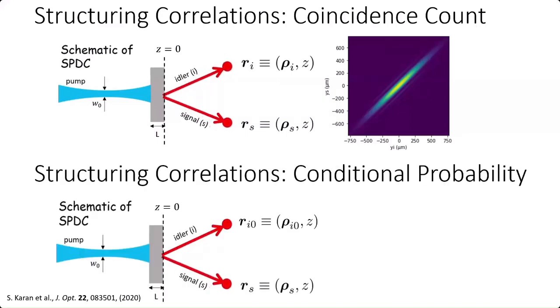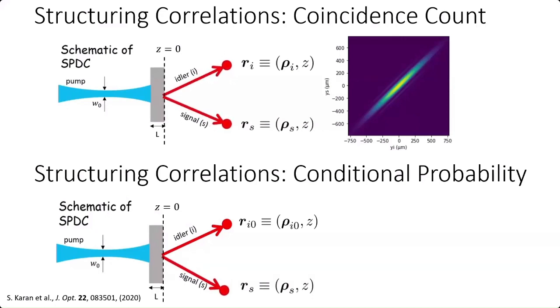The other quantity is the conditional detection probability. This is the probability of detecting the signal photon at location Rs, given that the idler photon has already been detected at location Ri naught.